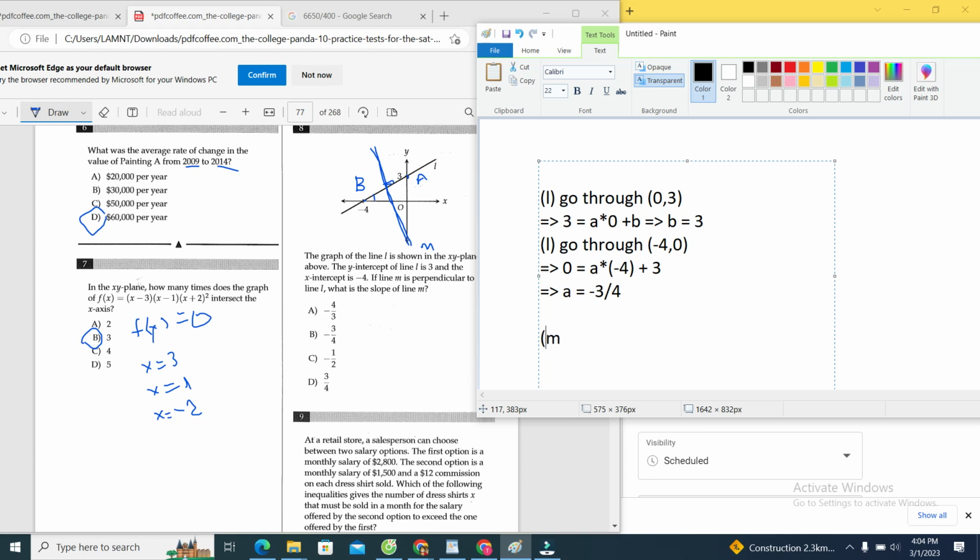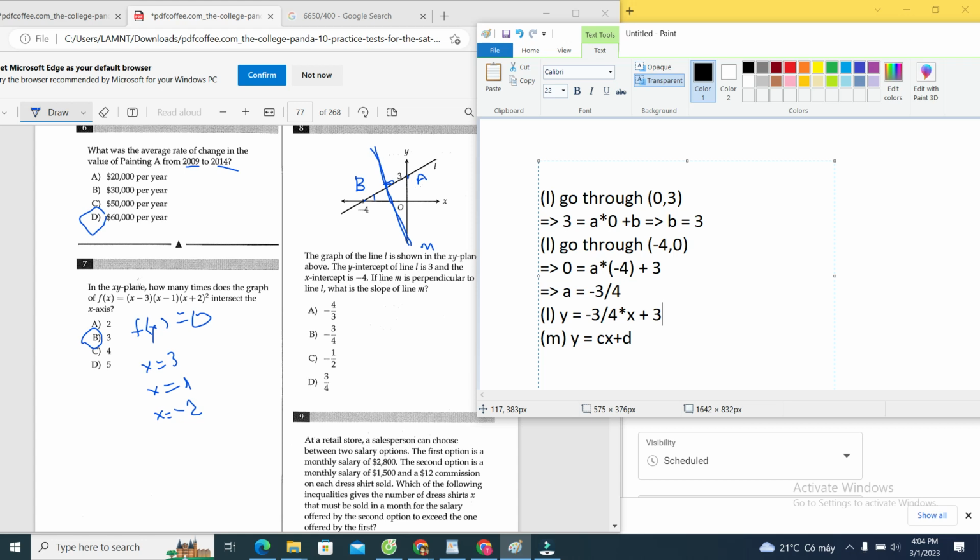Let's assume that M has the equation y equals cx plus d. Let's rewrite the equation of L: y equals minus 3 over 4 x plus b, which is 3.